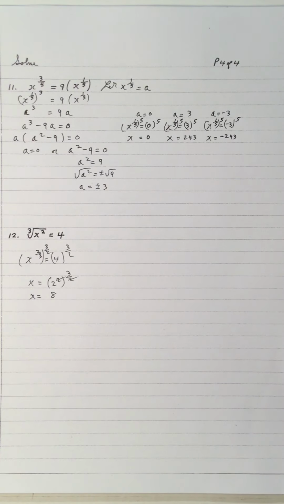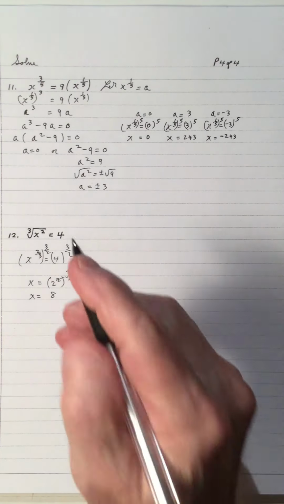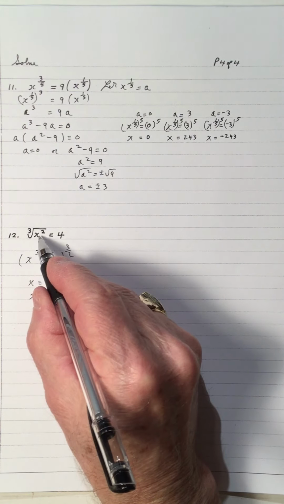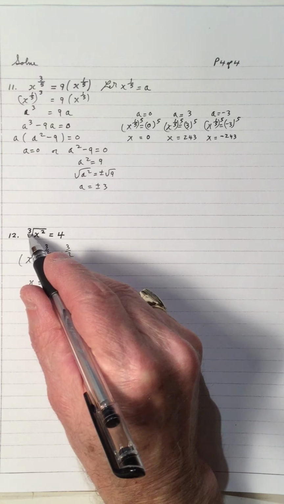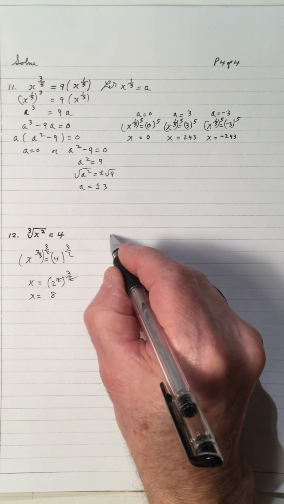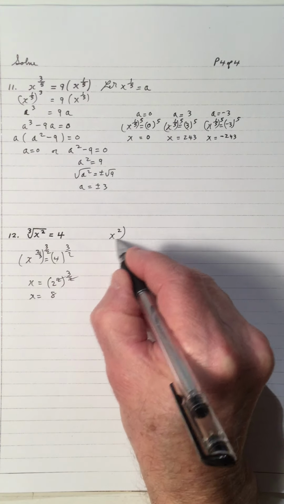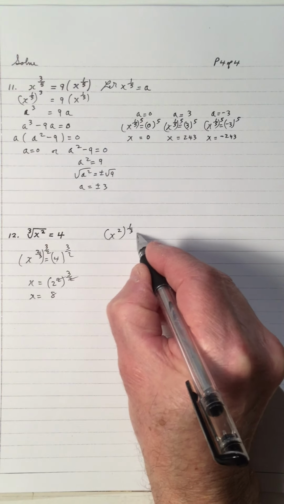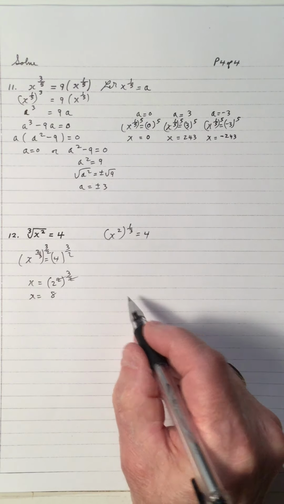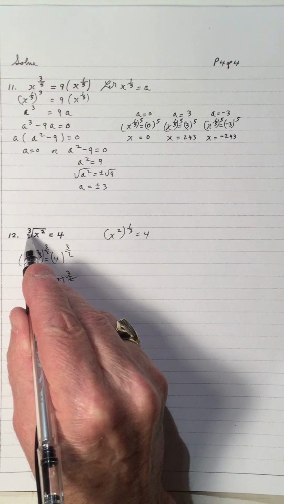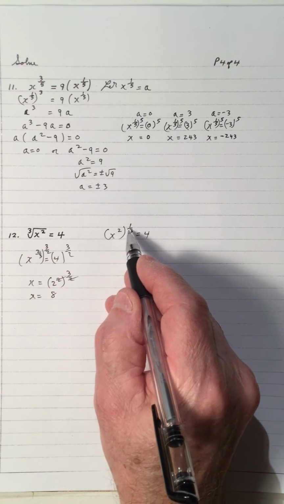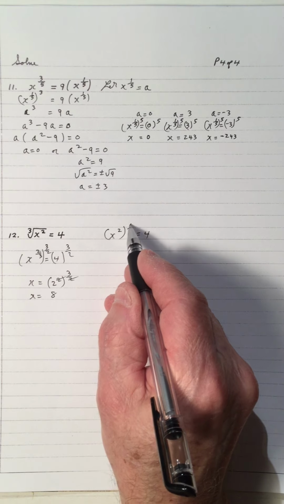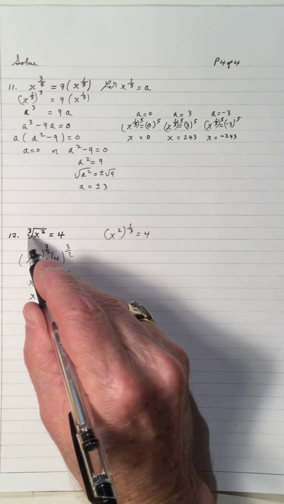But let me do it another way and think about it. What about if I said that 2/3 was a square to the 1/3 first, like this? So the 3 is a 1/3 exponent, and the exponent ends up to be a cube root.